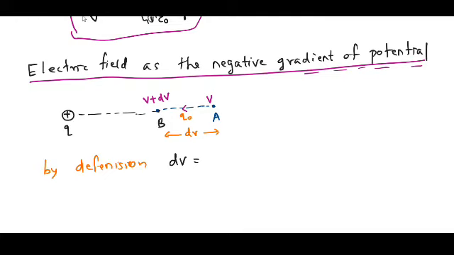dV means, while coming from the point A to the point B, the difference in the potential is nothing but dV.